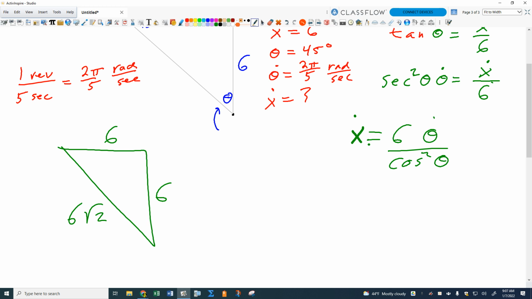So what is cosine of 45? Square root 2 over 2. Good. So if I square that, I'm getting 2 over 4, so I'm getting 1/2, right? So I get a 1/2 on the bottom.